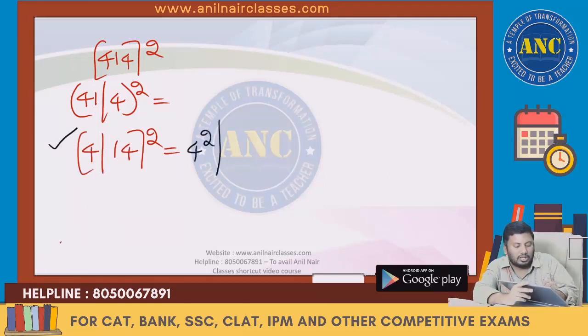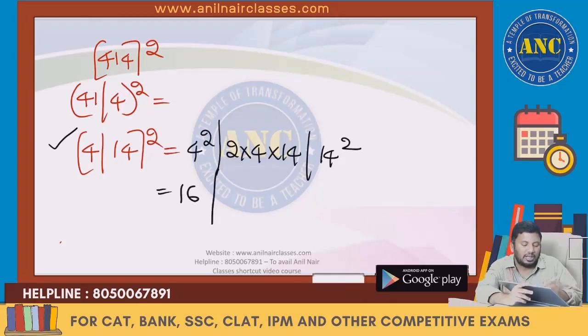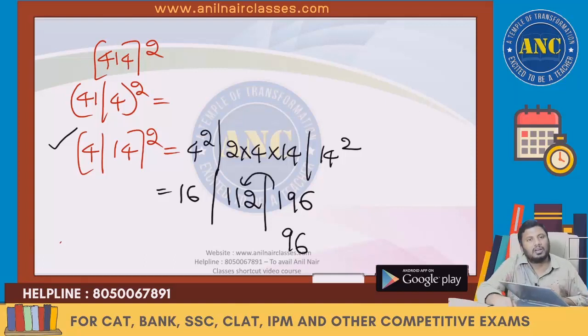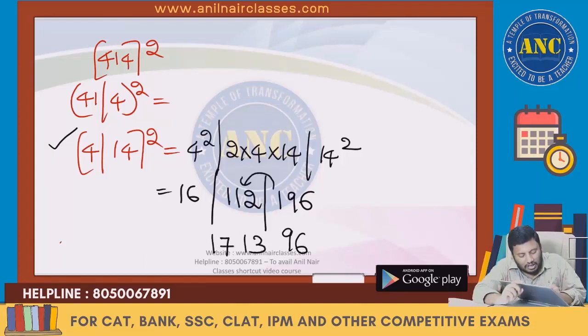So a square, next is 2ab and next is b square. This is 16. 56 2s are 112. 14 square is 196. Write down the last 2 digits, 96. 1 carried. 112 plus 1 is 113. 13, 1 carried.